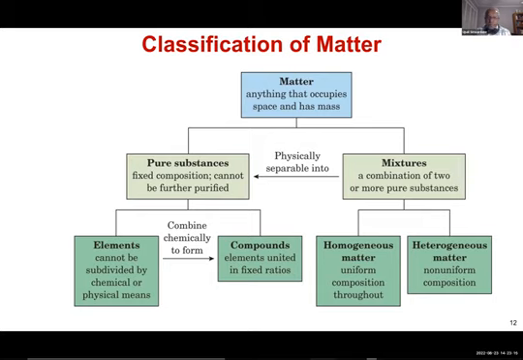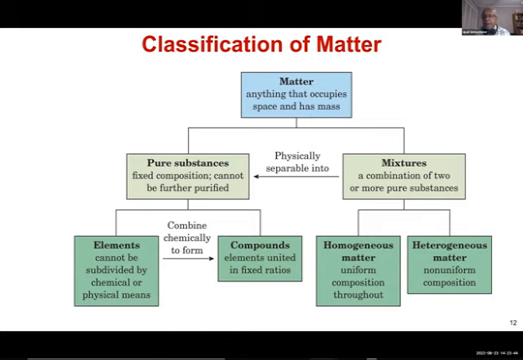Pure substances cannot be physically separated. Pure substances are elements and compounds. Elements combine chemically to form compounds, like hydrogen, oxygen to water compound.